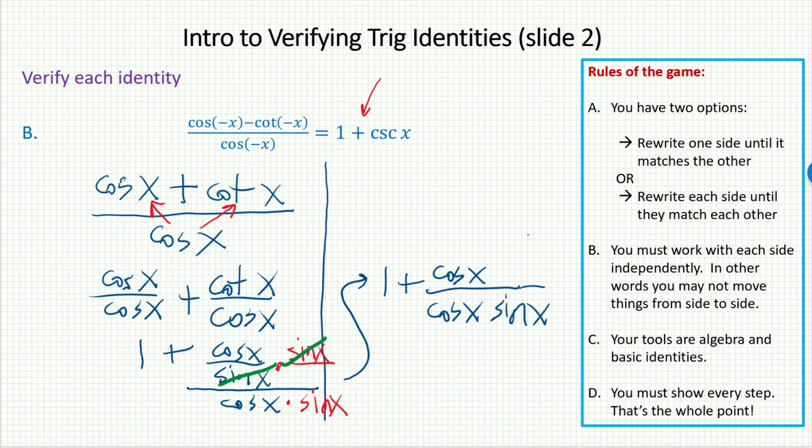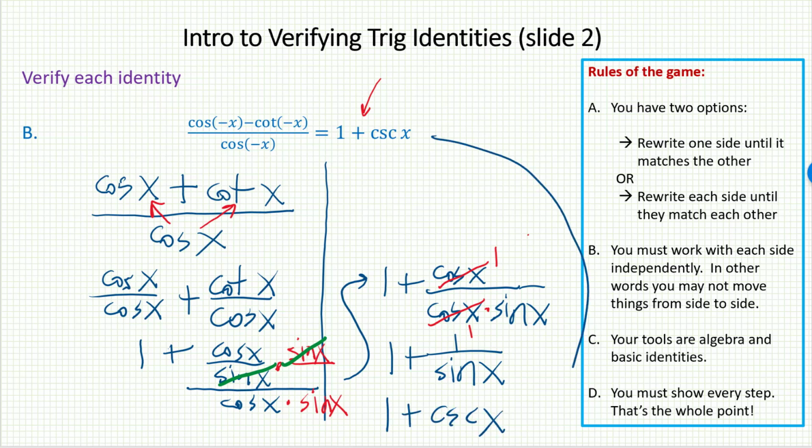Okay, now I feel like we're getting closer. I see that I have a common factor of cosine x that I can divide out on the top and on the bottom. That gives me 1 plus 1 over sine x. But wait a minute, 1 over sine x, that's cosecant x. Aha! The two sides match.